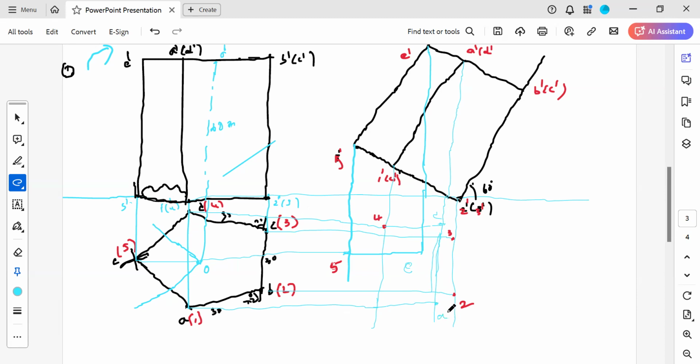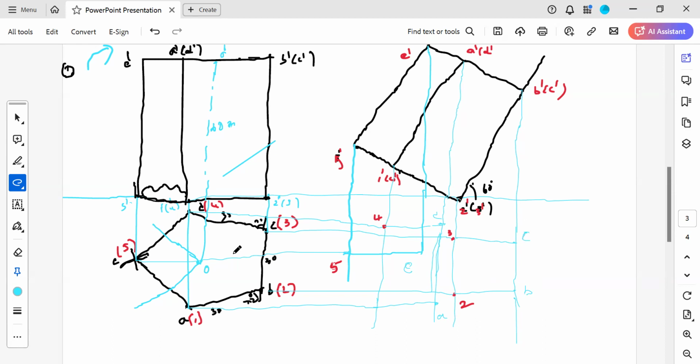We are adopting the same process. From BC you draw a vertical projection. From B you draw one vertical projection, so that will be the B point. From C also you draw one vertical projection, so that will be the C point.